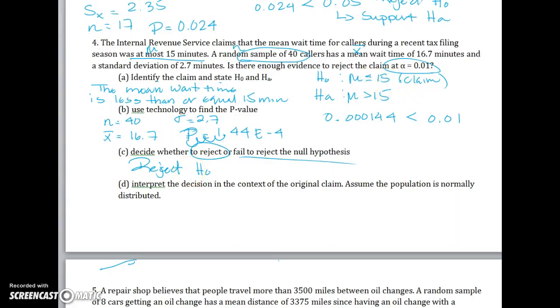So what are we saying then in a sentence? Because we're going to interpret that for part D. Well, we are saying that there is enough evidence. I want you to write all of this down because I'm doing it as well. There is enough evidence at a 1% level of significance. And remember that level of significance means there's like a 1% chance that I'm wrong.